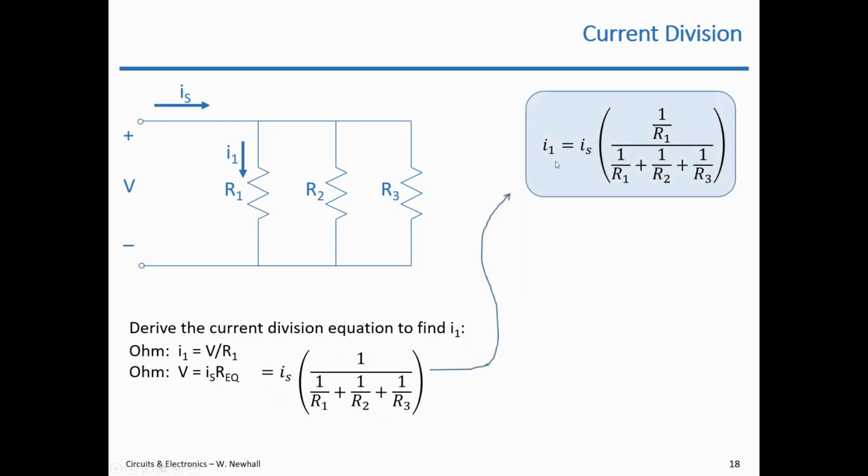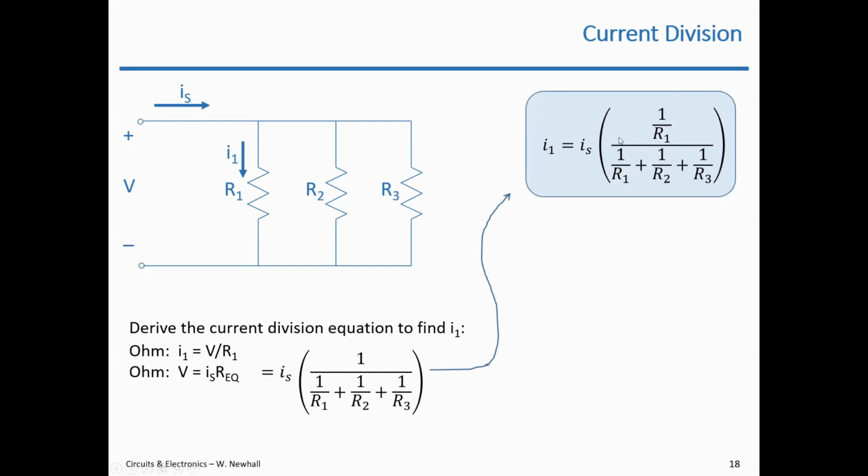This is the expression to remember for current division. It looks a little complicated, but you'll see in a second, it's actually pretty easy to remember. I1 equals the current coming into the parallel set of resistors times the ratio of 1 over the resistance through which you're trying to find the current, divided by the sum of the reciprocals of all the resistances.